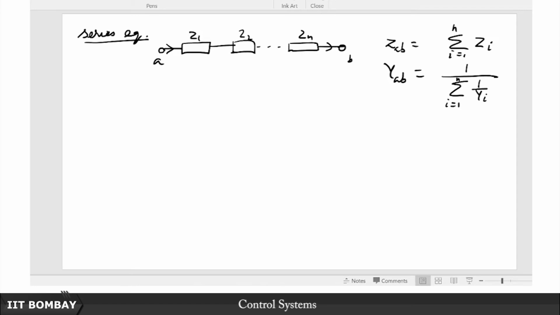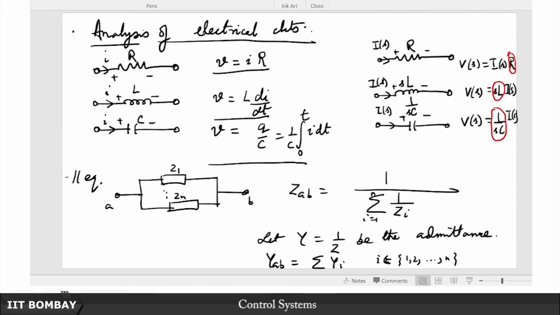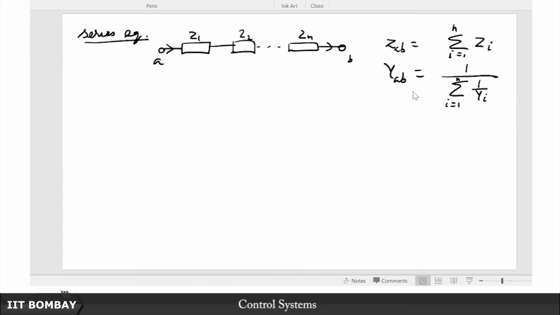So these are like duals of one another in that sense, the series and the parallel equivalents, if you look at the admittance and the impedance relations, and you have done this whether you have given it much thought before this moment or not.